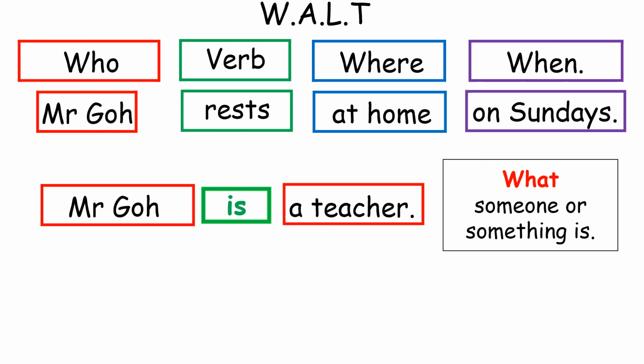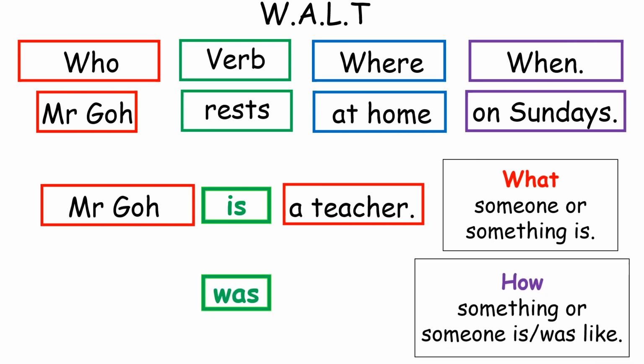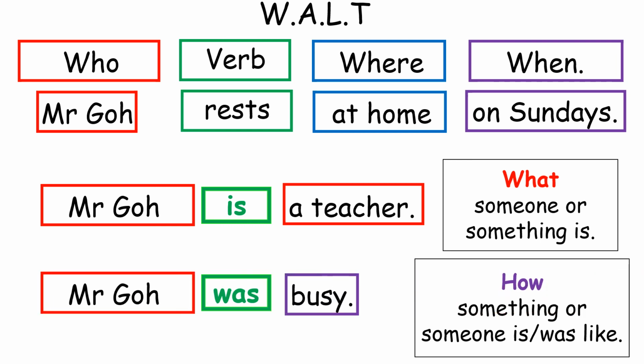That means he is a fireman. We can also use past tense for linking verbs like was, something that Mr. Goh is no longer, or is no longer like. So it tells you how something or someone was like. For example, Mr. Goh was busy. Mr. Goh is no longer busy in the present tense, but in the past he was busy. So these are the sentence structures we have learned today.